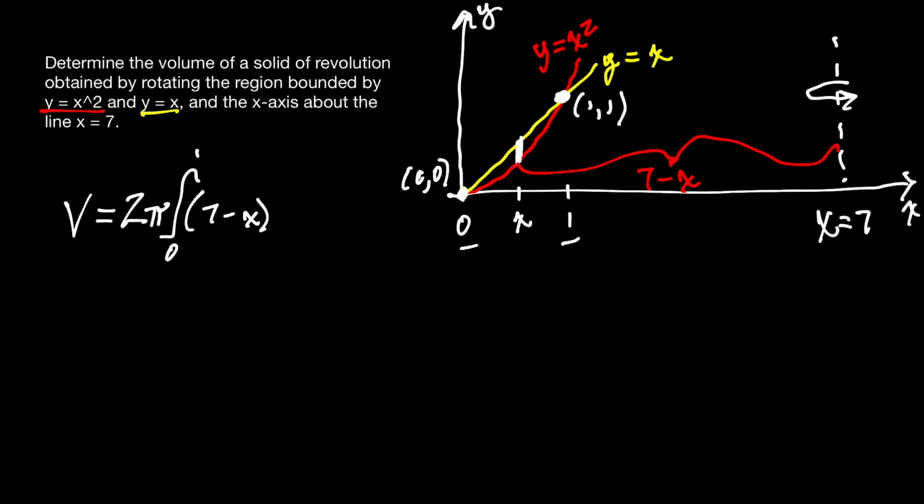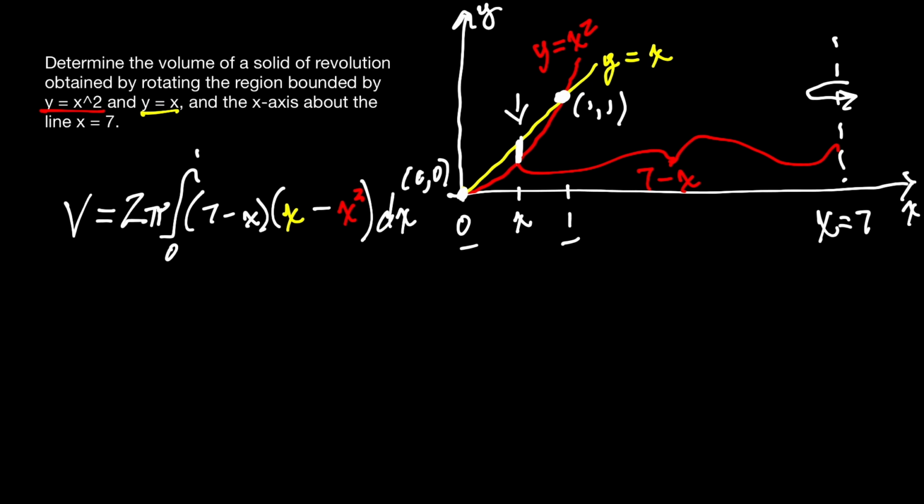And then the shell height, like how tall is this shell right here? That's going to be the top curve, x, minus x squared. So x squared is on the bottom. Remember, we always do top minus bottom. So that's why I wrote x minus x squared.